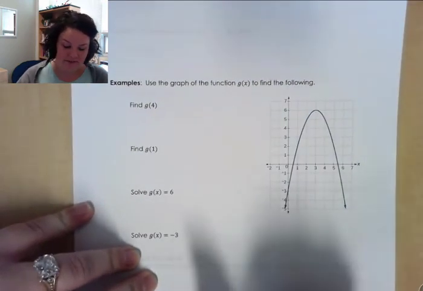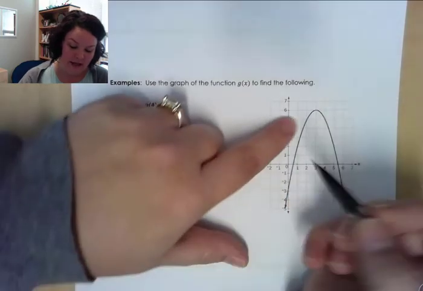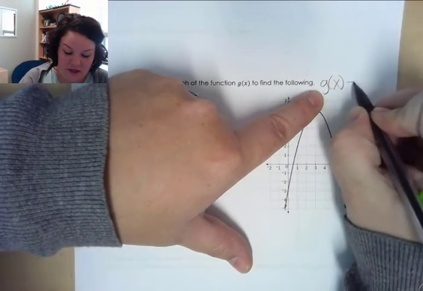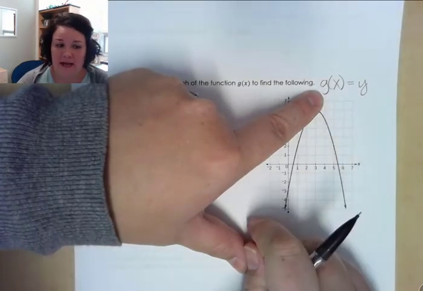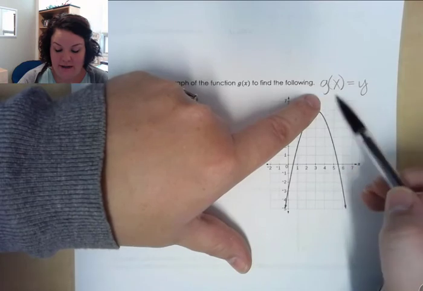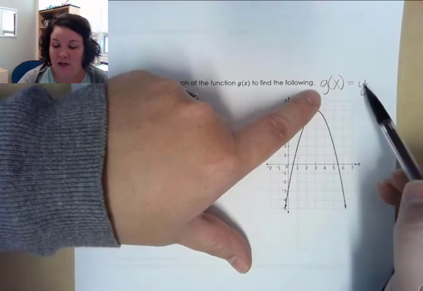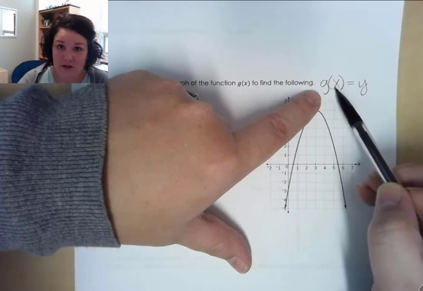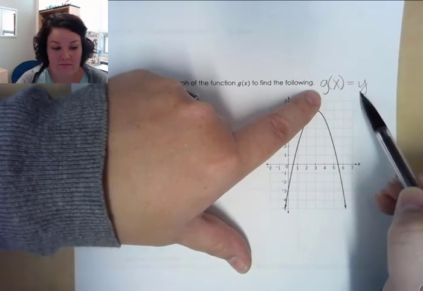So it says we're given this function g of x. Okay, so I'm just going to write over here. Remember, g of x, function notation, that just represents y. That's it. So anytime you're not given g of x, but they tell you what y is, basically you're looking for the x value that gives you that y, right?